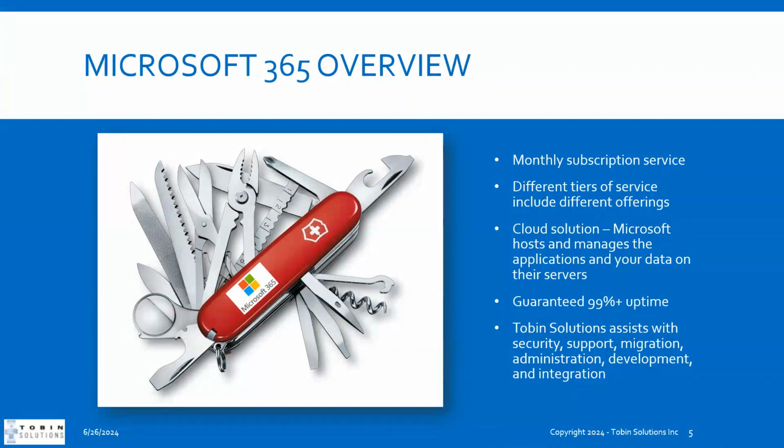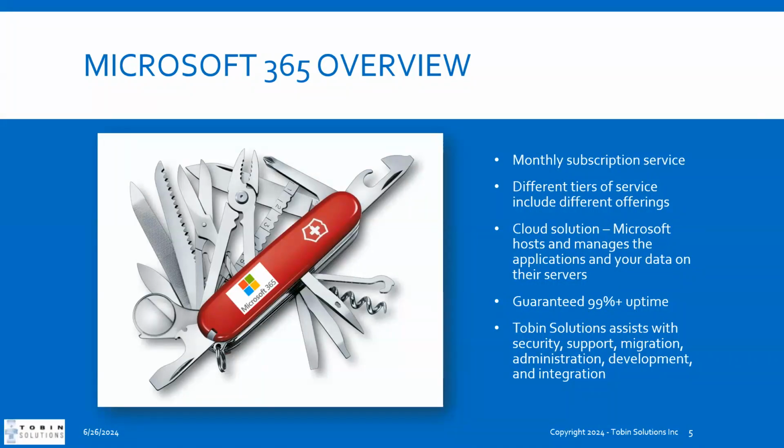We talk about Microsoft 365 as a Swiss Army knife, right? There's so many different things that it can do. Like anything in life, the right tool for the right job usually makes shorter work of whatever that task is. But just like when you look at all the Swiss Army knives, not every Swiss Army knife has every single tool, right?